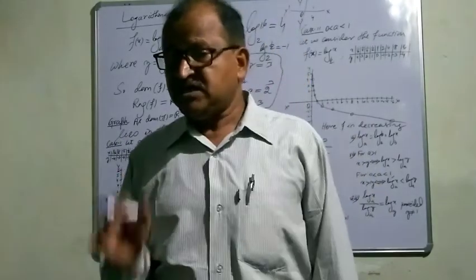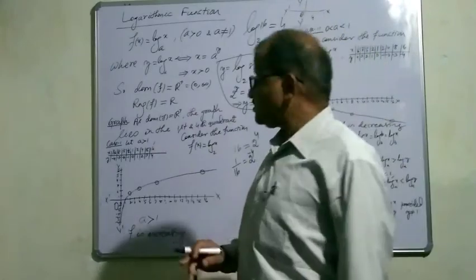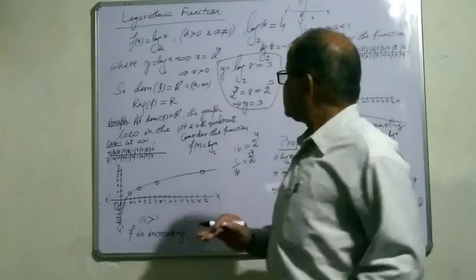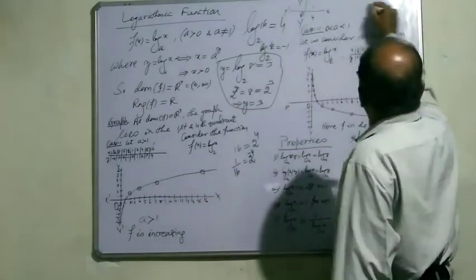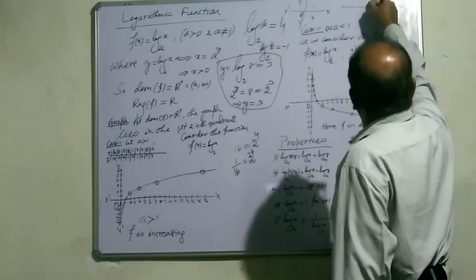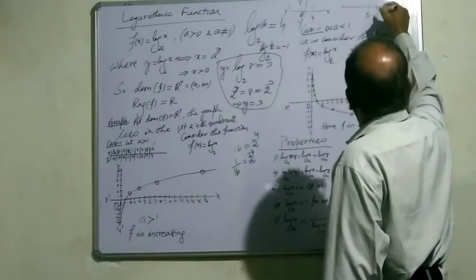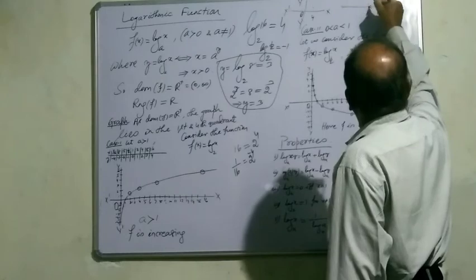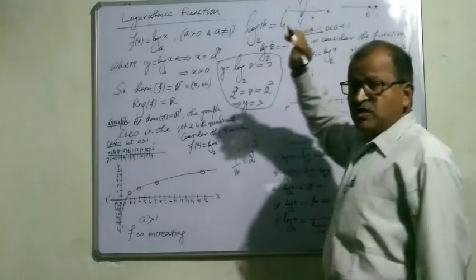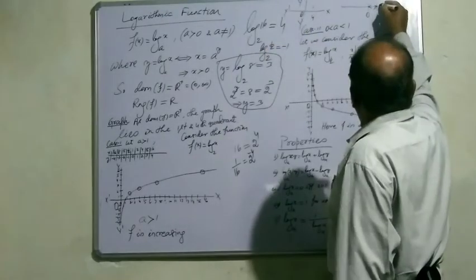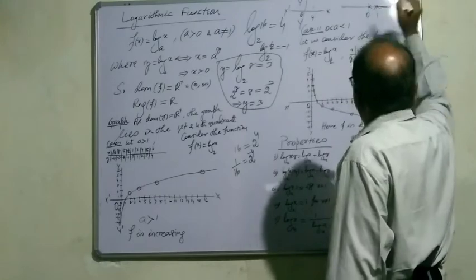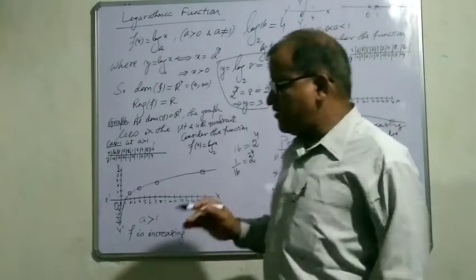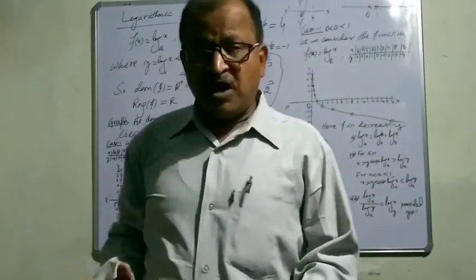Your base is a positive real number which is not equal to 1. Suppose it is 0, it is 1. So from 0 to 1, this is one part, and for greater than 1, that is another part. So I have divided into two parts.